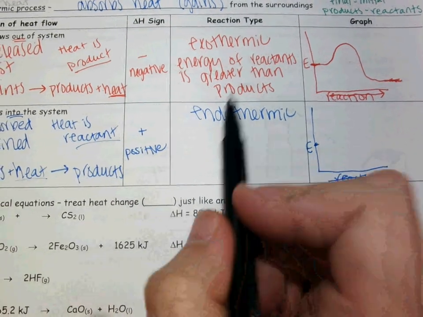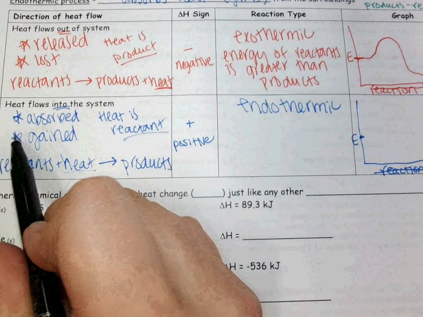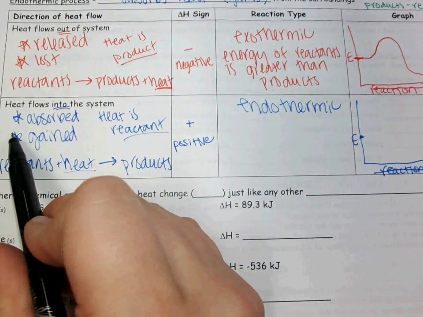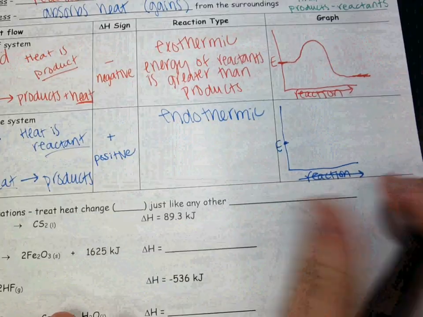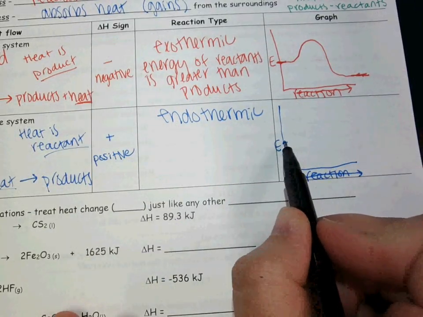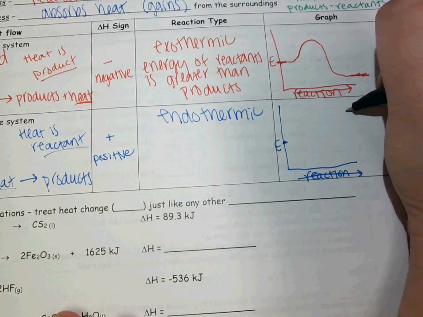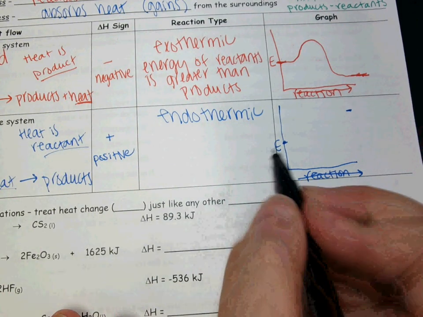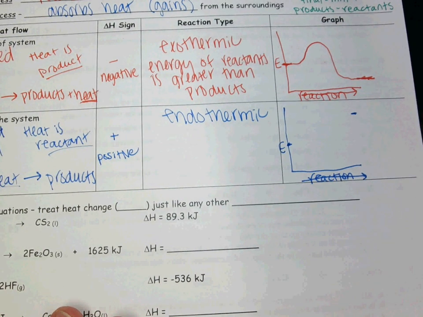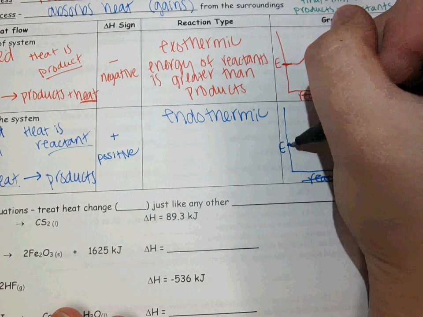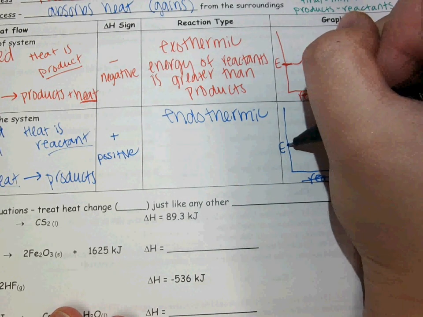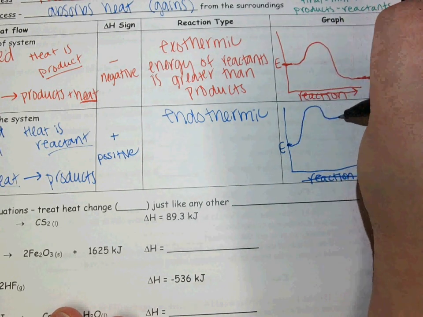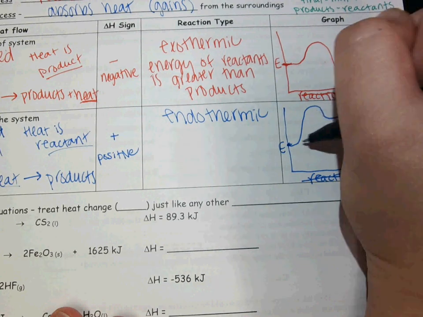So if you are endothermic and you are going to gain energy, heat is going to be added to your system. If you start here, your final value should be higher than what you started with. And so again, the graph of the actual reaction is kind of like a little, I'm never good at drawing these.